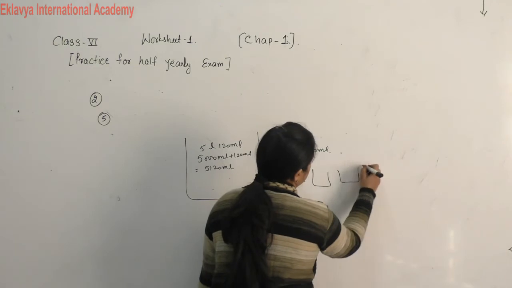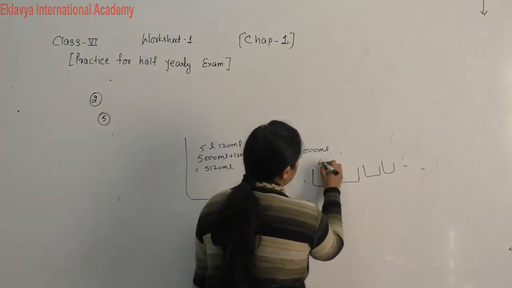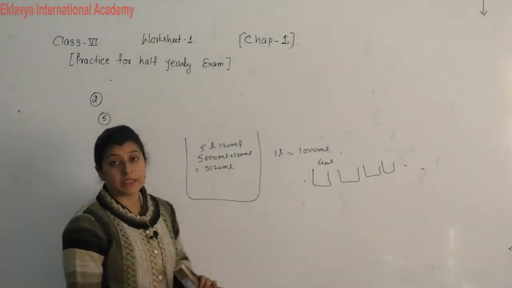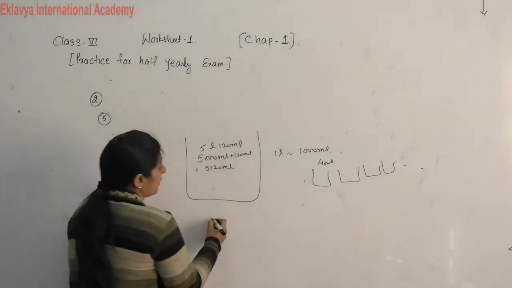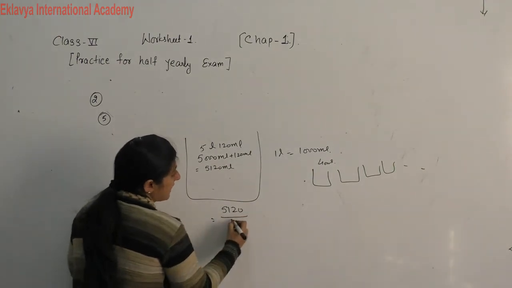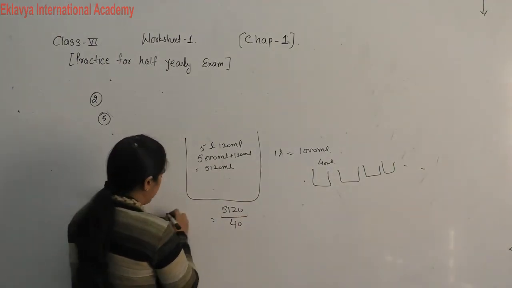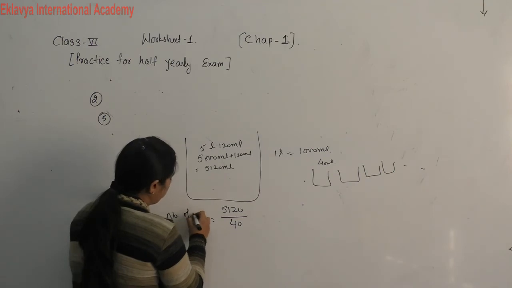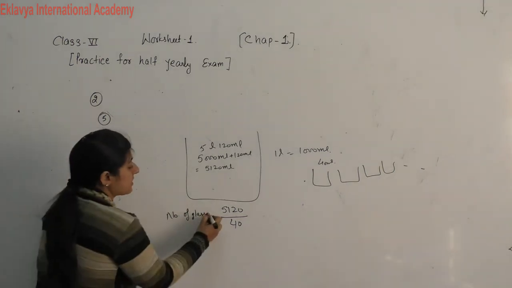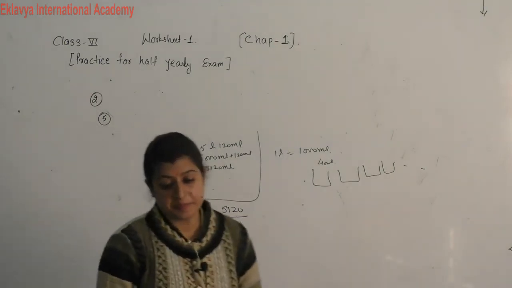There are small glasses of 40 ml capacity. Then how many glasses can we fill from this capacity? How to find out? Total capacity 5120 and one glass capacity 40 ml. Then we find the number of glasses which we can fill with this mango shake.